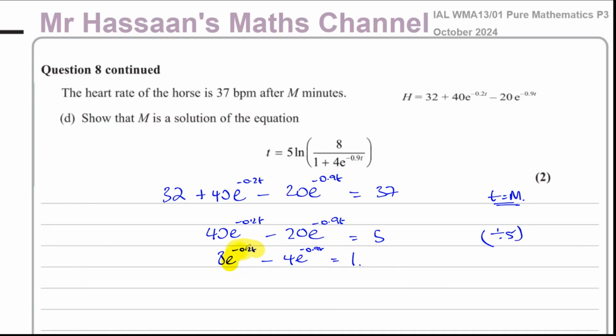So I'm going to start off by making this term the subject and then deal with the e. First of all, I'm going to add this to both sides. So I have 8 times e to the power of negative 0.2t is equal to 1 plus 4e to the power of negative 0.9t. Starting to look familiar now.